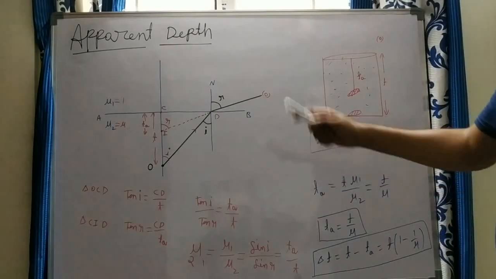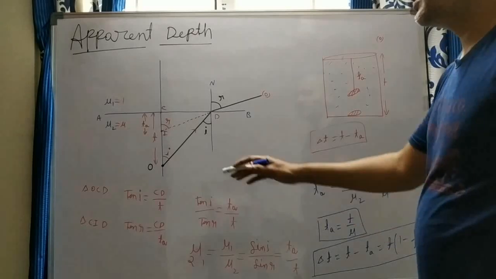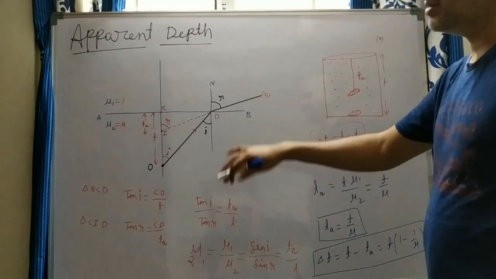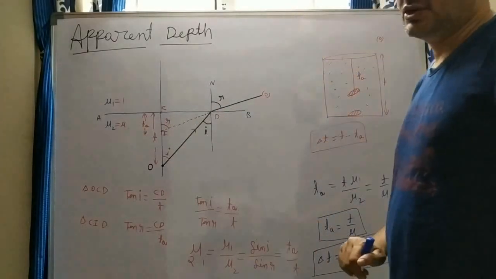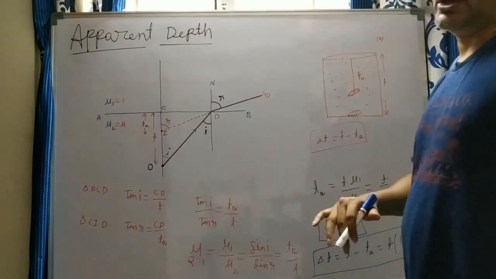For example, here an object is in the denser medium and the observer is in the rarer medium. So what happens if it is reversed? If it is reversed, in place of mu1 take mu and in place of mu2 take 1. Suppose a light ray enters from air to water.